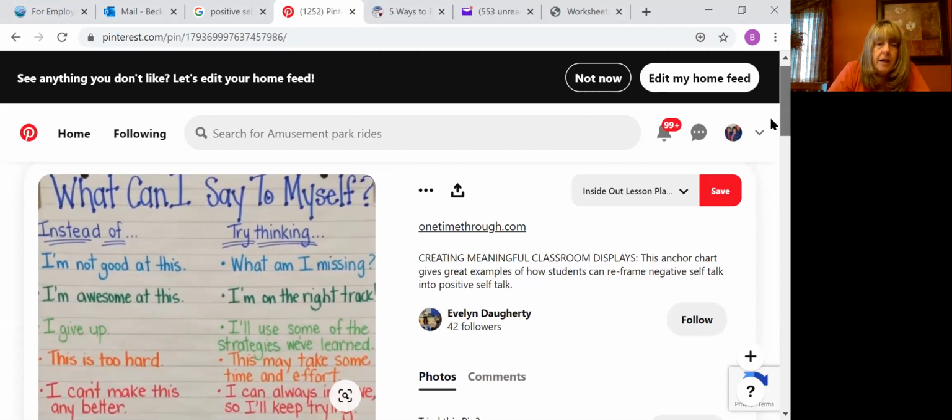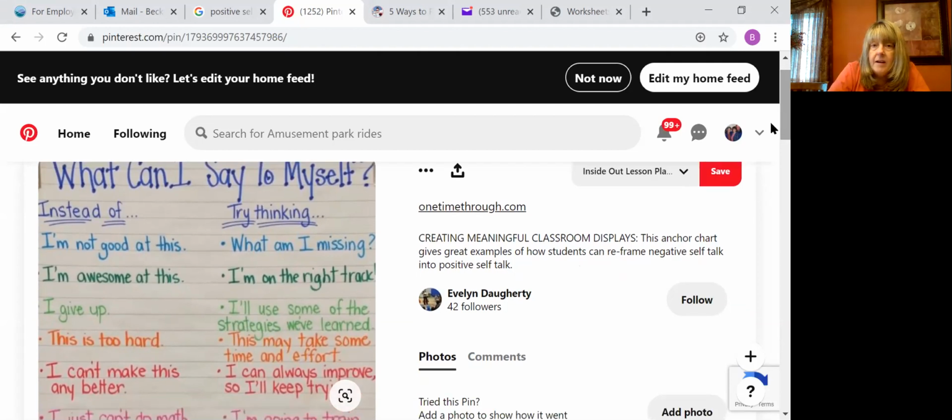If you say, "I give up," sometimes you might need to rethink that and try thinking, I have some strategies I've learned that I could try. If you think something is too hard, you're telling yourself you can't do it. Maybe you need to reframe that and think, I can do it, but it's just going to take some time and some more effort than what I've been putting into it.